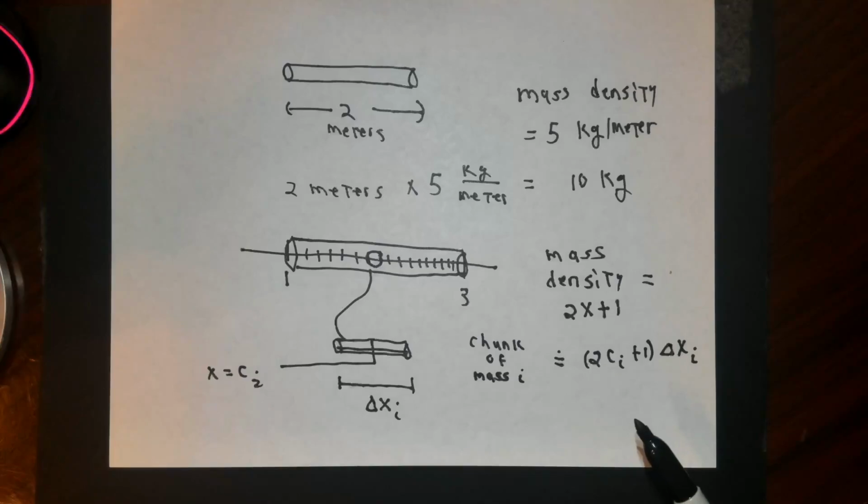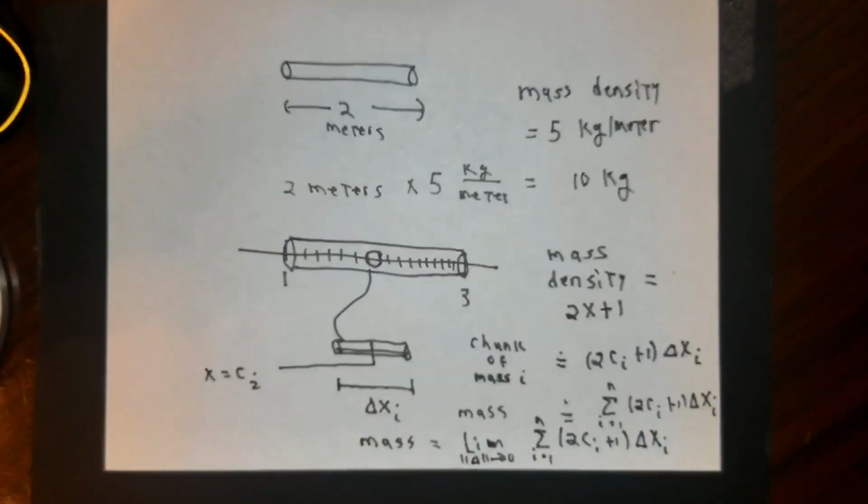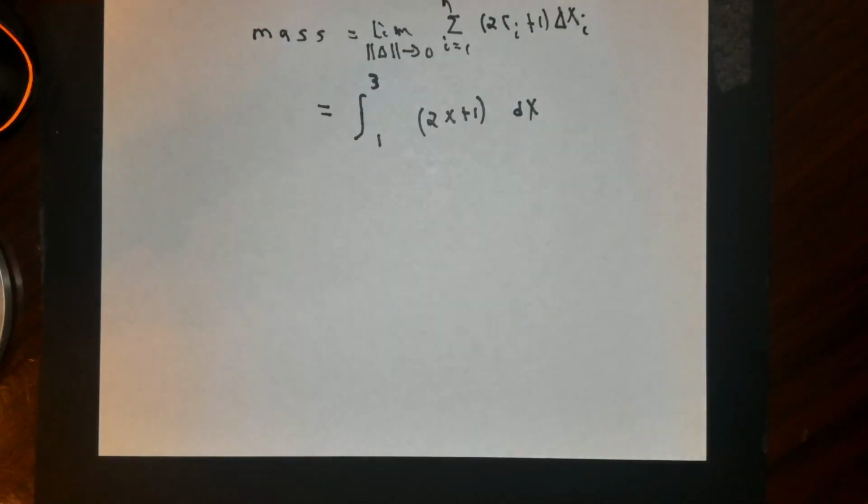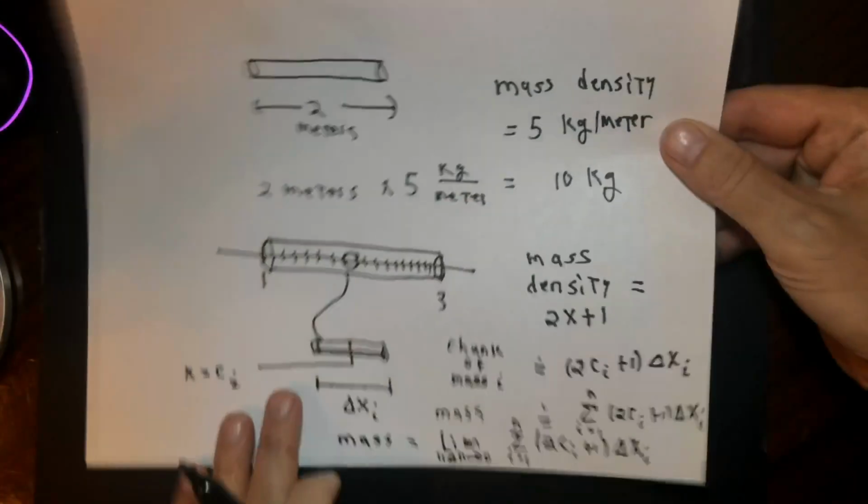We will add up all such things, and then take the limit as the norm of the partition tends to 0. Everyone should recognize by now that this is going to turn into a definite integral. This is now an easy integral to do.